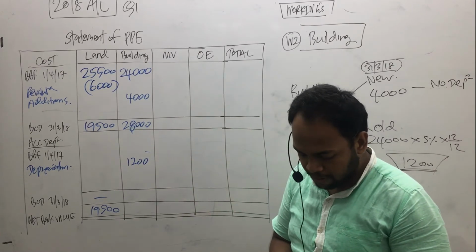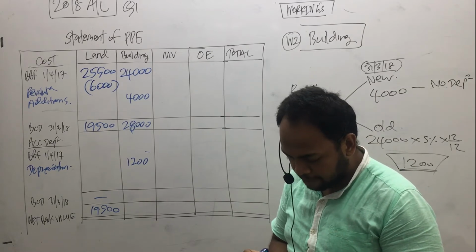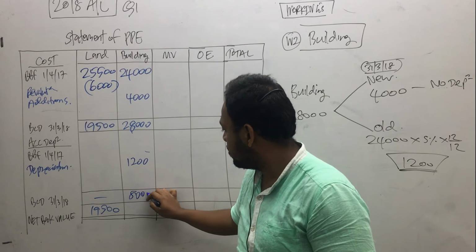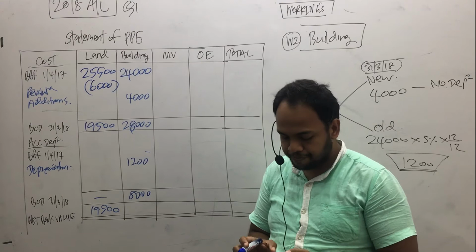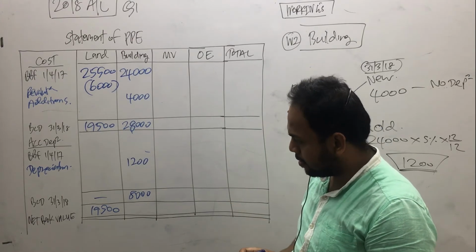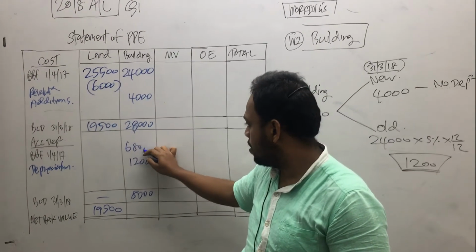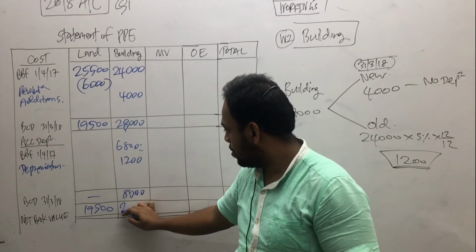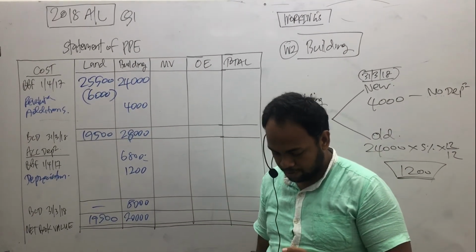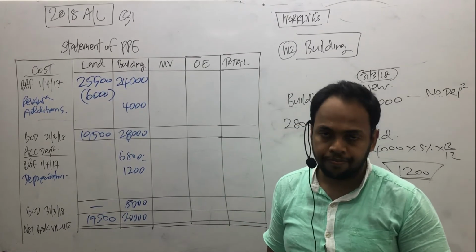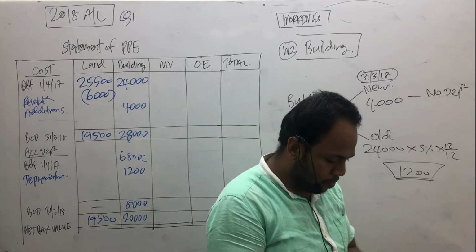And also they have given the closing depreciation. Building accumulated depreciation is 8,000. That's the closing after recording the current year depreciation. Therefore, the opening balance will be 6,800. So net value is 20,000.